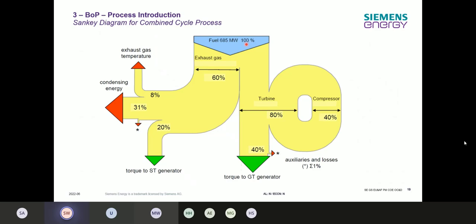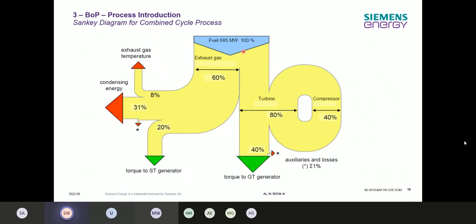So combined cycle, gas turbine probably with 420 megawatt, and then a steam turbine with 260 megawatt, something like this. And together for 685 megawatt. To reach this amount, we have 100% fuel getting in. So that's what we're paying.